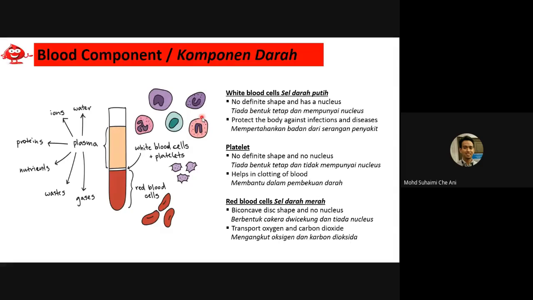You already learned in Form 2, Chapter 4, Human Health, that the white blood cell will eat and digest the pathogens, bacteria or viruses. So when the bacteria or virus enter the blood circulatory system, the white blood cell will chase them and eat them so that it will protect your body from any disease and infection.